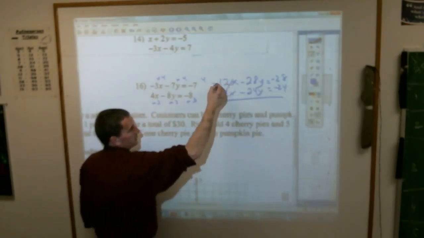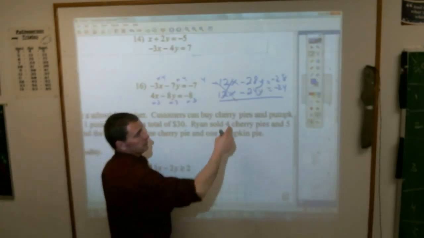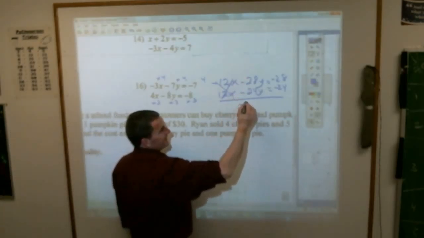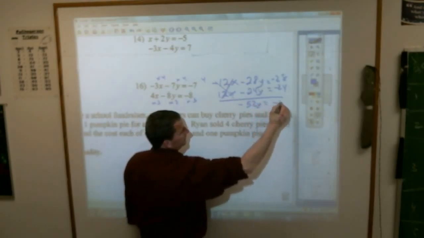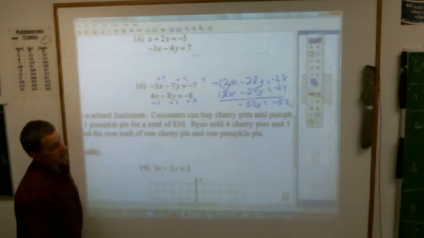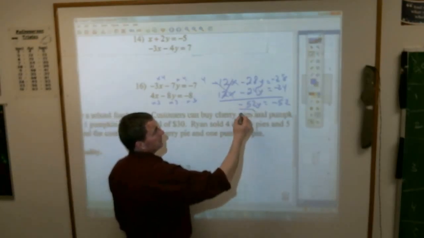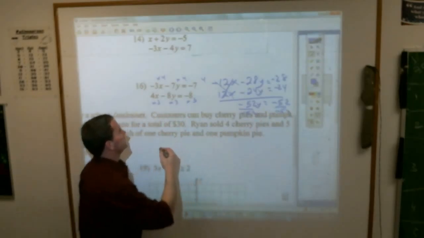These go away, which is the reason I did all that. Here you just have to be careful with your negatives. 2 negatives give me a bigger negative. This is negative 52y equals negative 52. Which doesn't work out that badly because it's just going to be 1 divided by negative 52. y equals positive 1.